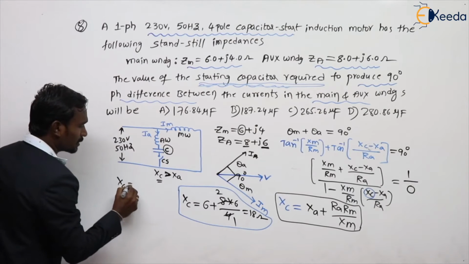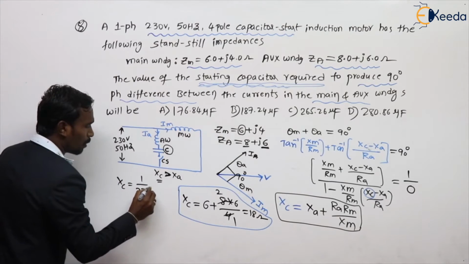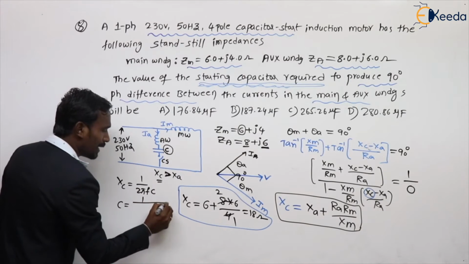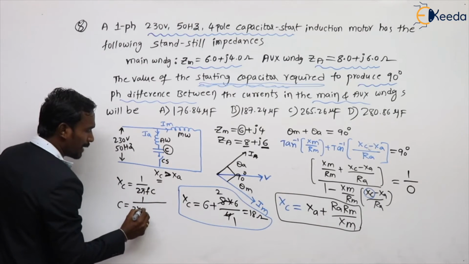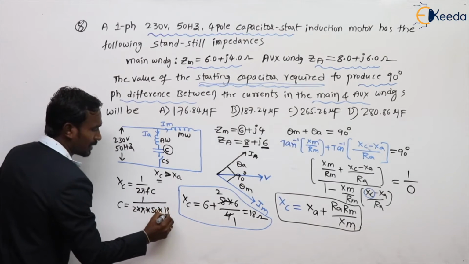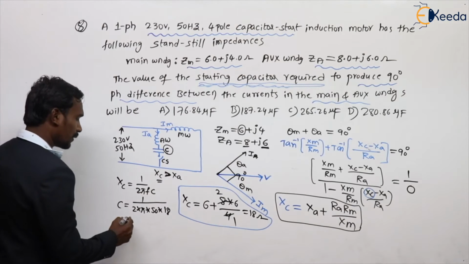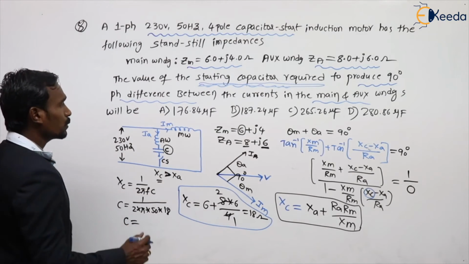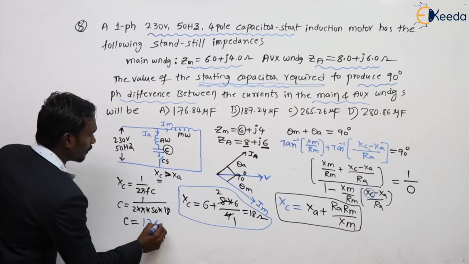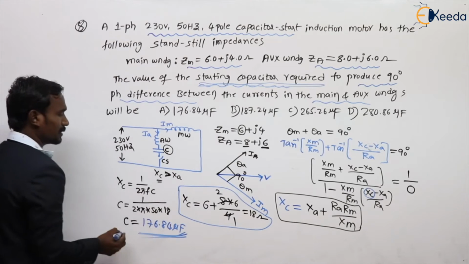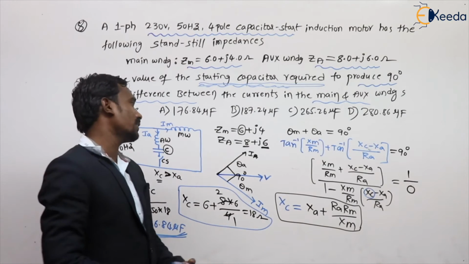We know XC equals 1 by omega C. So C equals 1 by 2 pi f XC. XC is 18 and frequency is 50. If you calculate this, you can get the answer 176.84 microfarads.